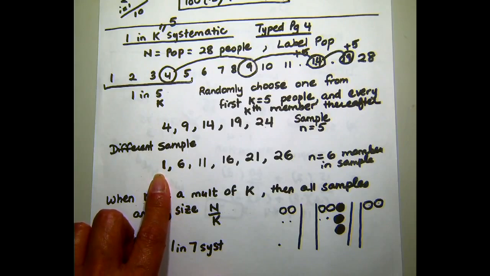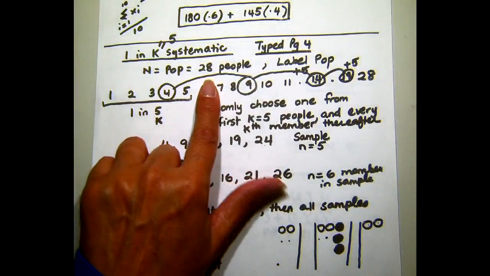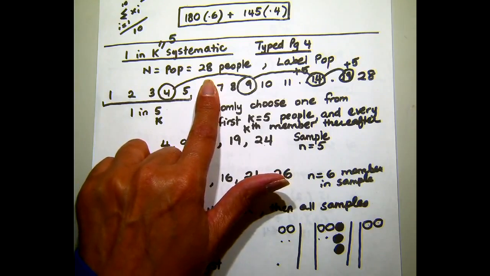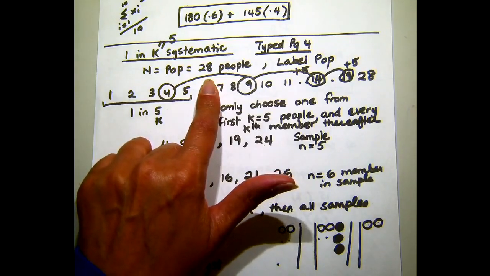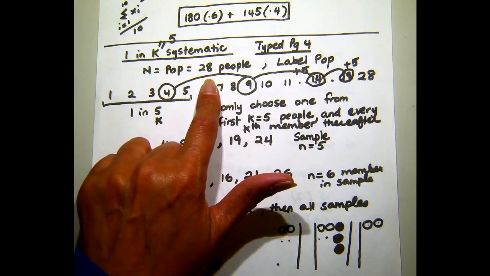So when my N is 28, when N is a multiple of K, my K is 5, that is when all samples will be of size N over K. So had my N been 25, suppose my capital N was 25.